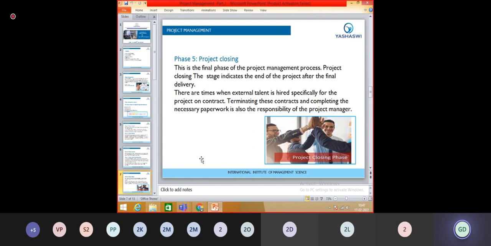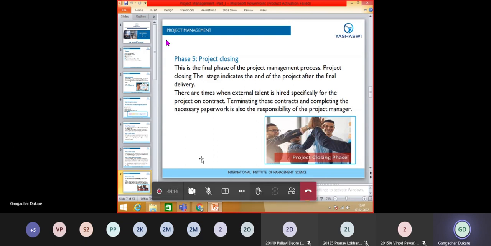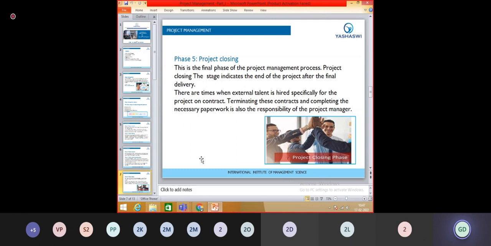For the closing of any project, what has to be considered: the time and cost considerations, reporting, documentation. To complete a project, you submit all the necessary legal documents, from the auditor's point of view, or to find out the performance evaluation of that project, to create an audit process of that project.